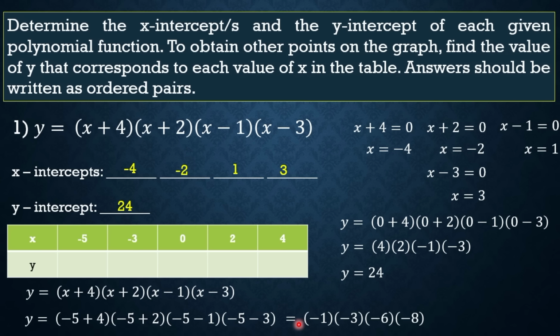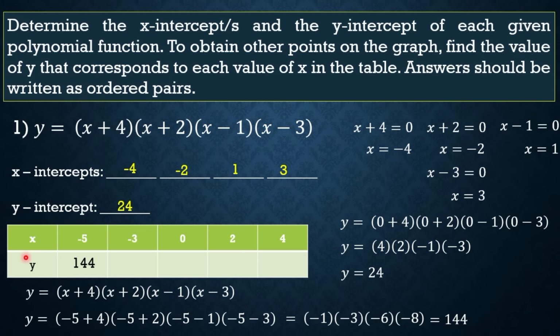And then, simplify nyo lang yan. So, negative 5 plus 4, that is negative 1. Negative 5 plus 2, that is negative 3. Negative 5 minus 1, that is negative 6. Negative 5 minus 3, negative 8. Then multiply. Negative 1 times negative 3 times negative 6 times negative 8. The answer is positive 144.